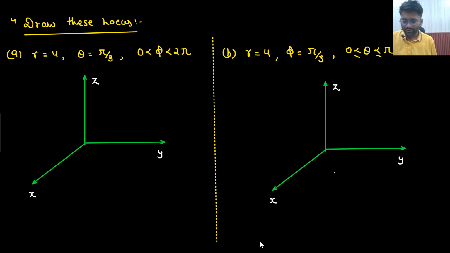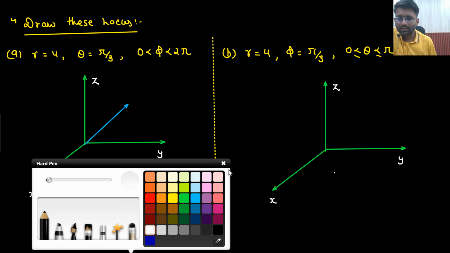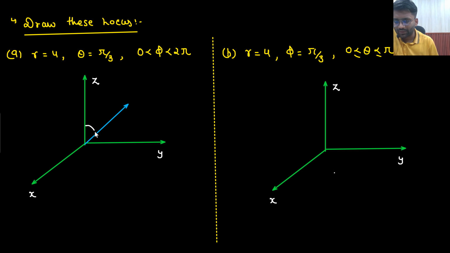Yeah, welcome back. So did you try drawing the locus? r equals 4 and theta equals pi by 3 are fixed. And phi is varying from 0 to 2 pi.